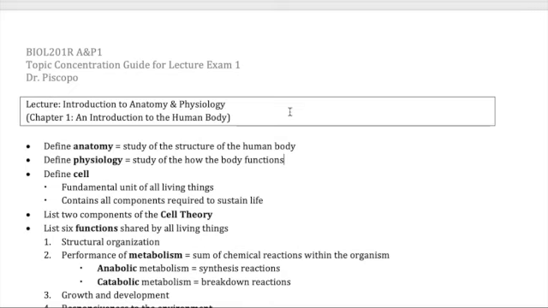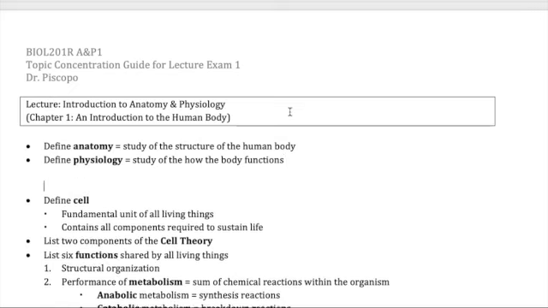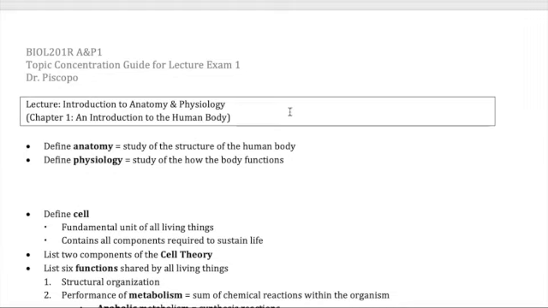I'm going to go ahead and make some space here to add some more information, because the other thing that we talk about in the lecture is how these two sciences are always taught together because of how closely connected they are.